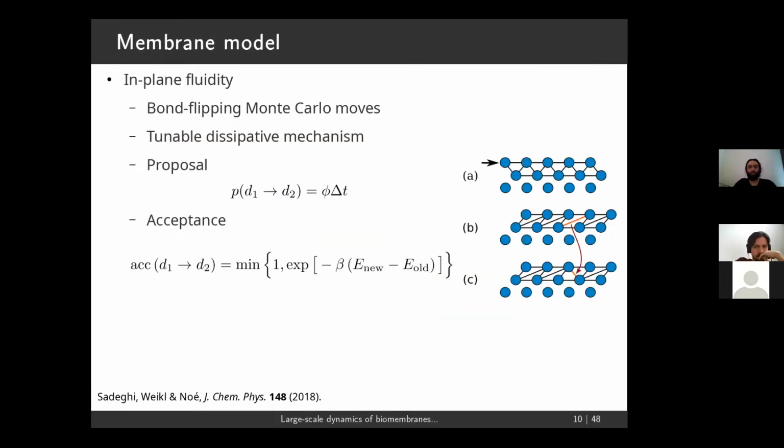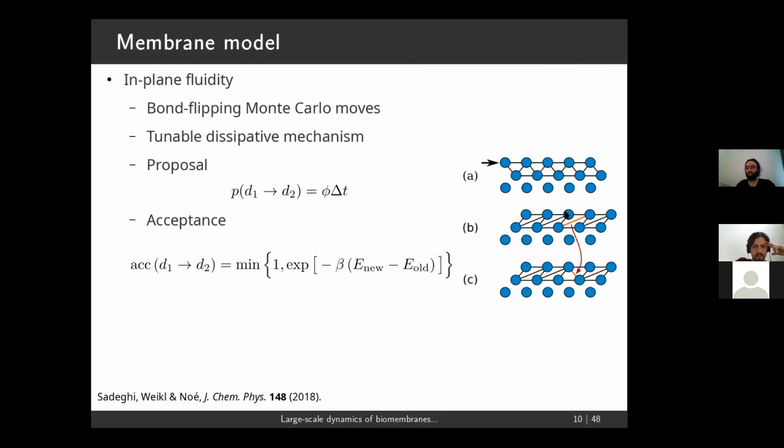So if you remember, I also mentioned that the bilayers are fluid in plane. So we need to also do something for the fact that if we keep the fixed topology, if the particles are only connected to their neighbors, they cannot go anywhere. This would be a complete solid. So to introduce a certain fluidity in plane, we allow for these bonds to be flipped.